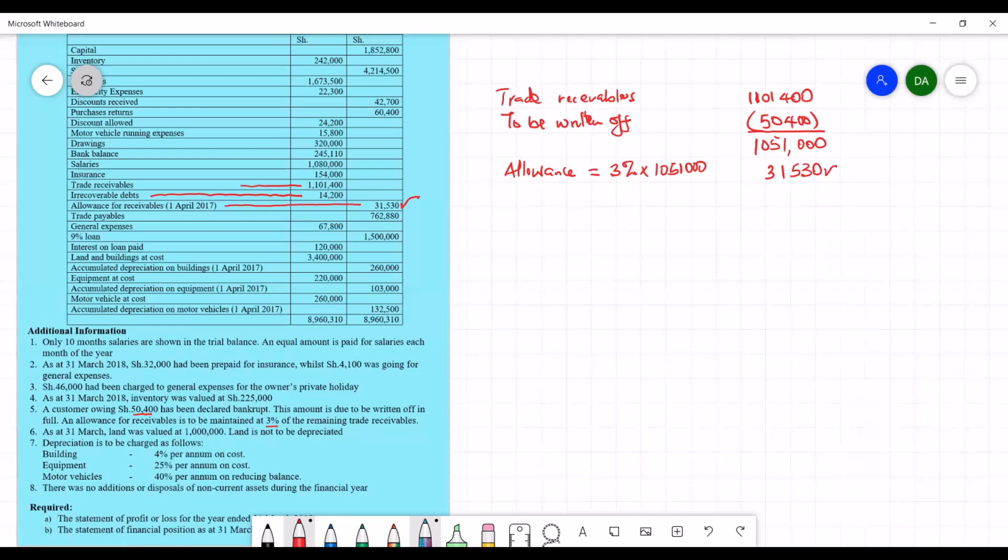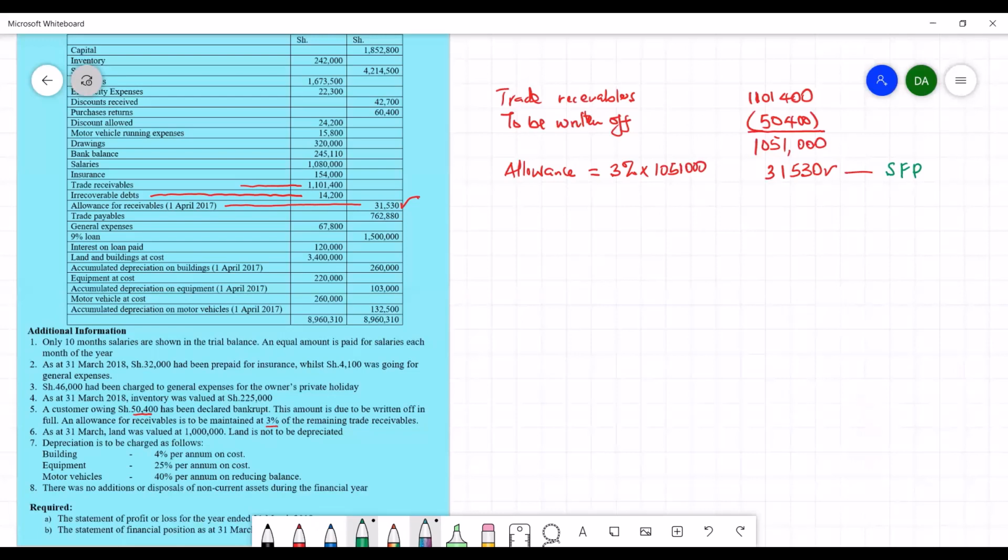But we are going to deduct the allowance for receivables, which is 31,530, from the receivables in the statement of financial position, under the current assets.